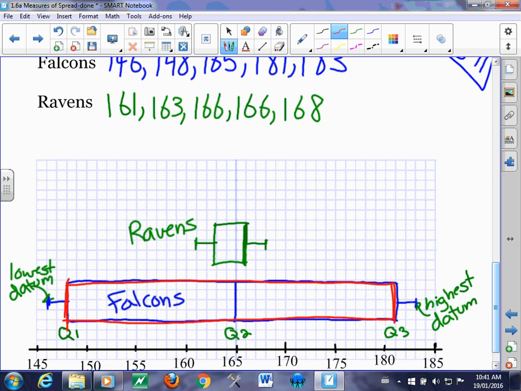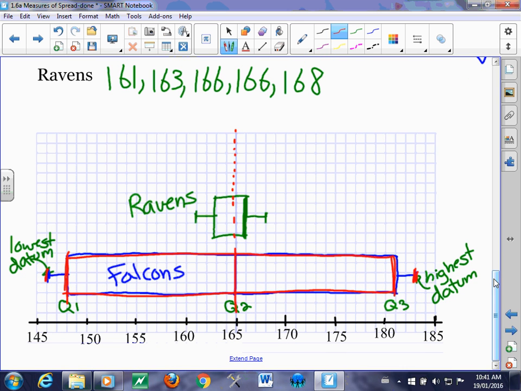Okay, so notice Q1 is the outside of your box to the Q3, especially for Falcons, it's easier to see. The lowest data point, folks, is right here, and the highest data point is here. And in the middle, which is your median. So median is here. For the Ravens, the median's a little off.